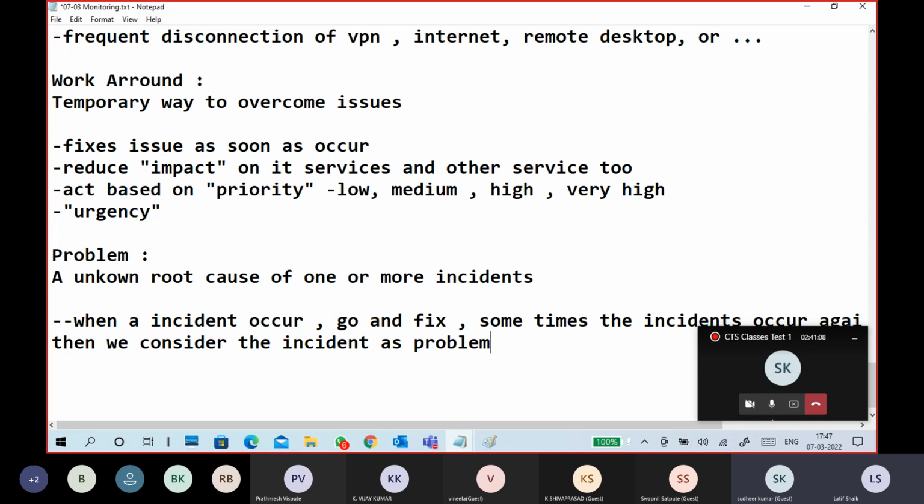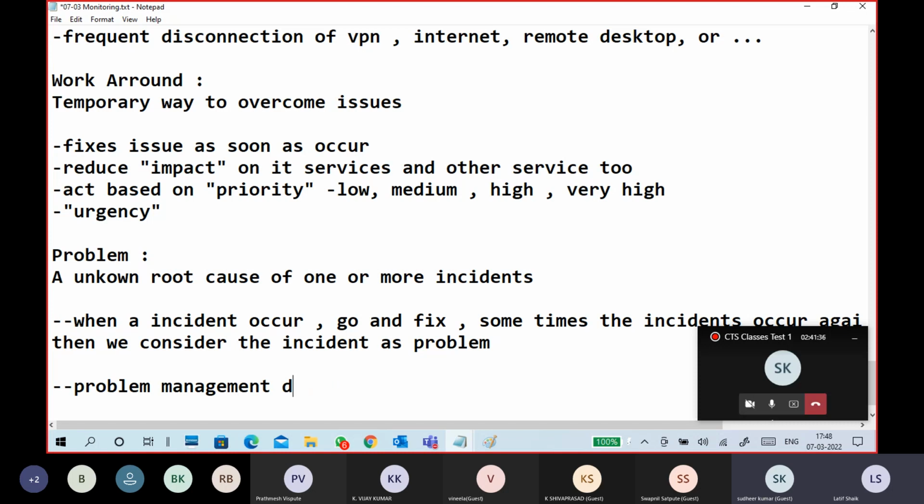Again you don't go for simple fixes. What will we go to? Permanent fixes. So that is called a problem. Problem management deals with a permanent solution, not temporary solutions.